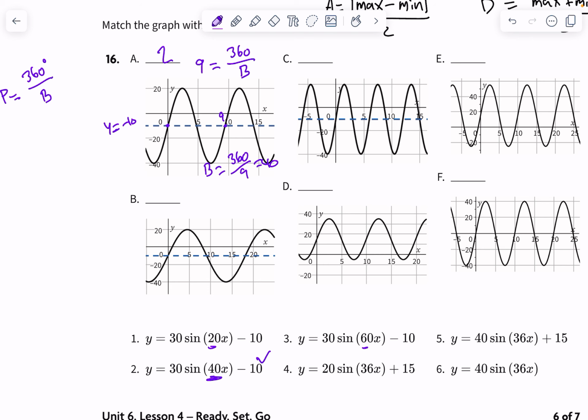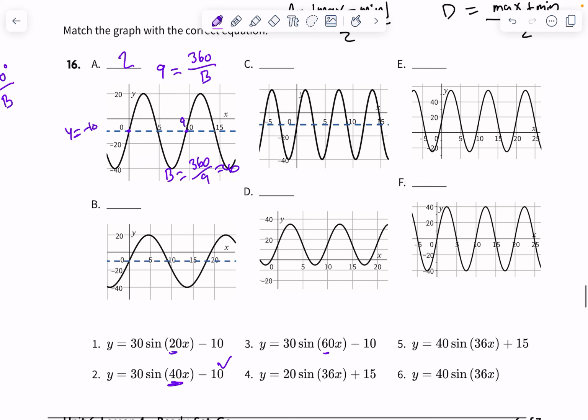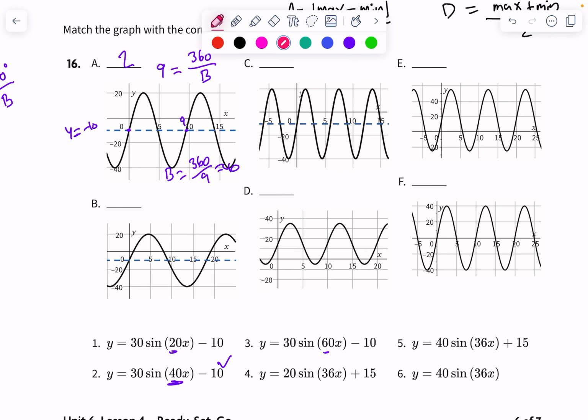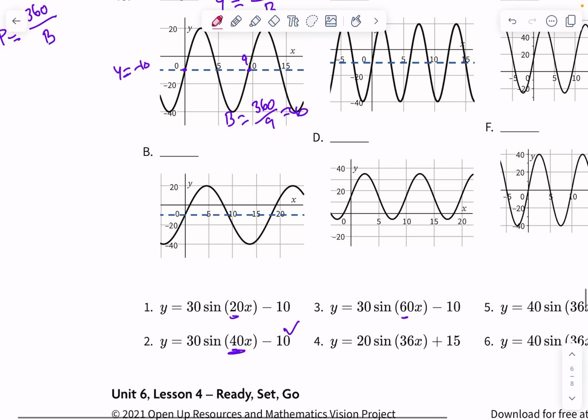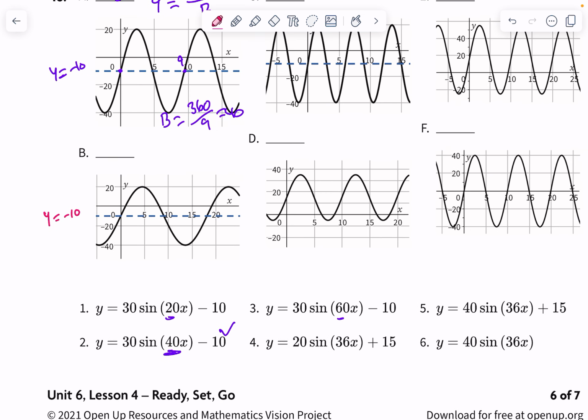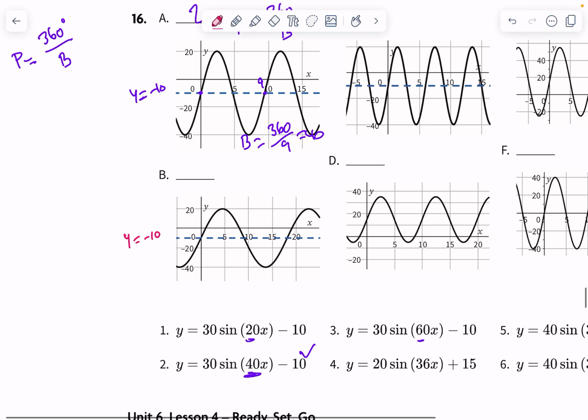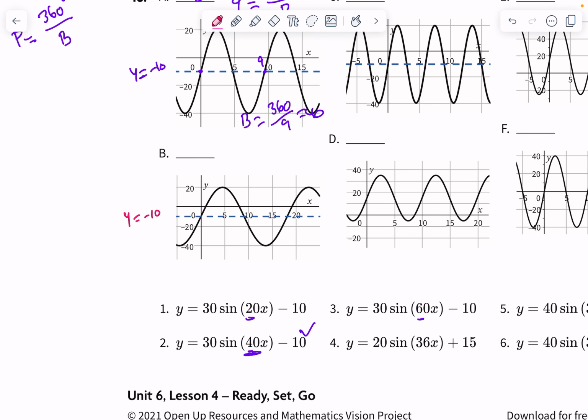Okay, cool. Let's do letter B. Here my midline is also y equals negative 10, right? So I know that's either going to be 1 or 3. Now let's think more about what my period is. My period goes from this right here up until here.